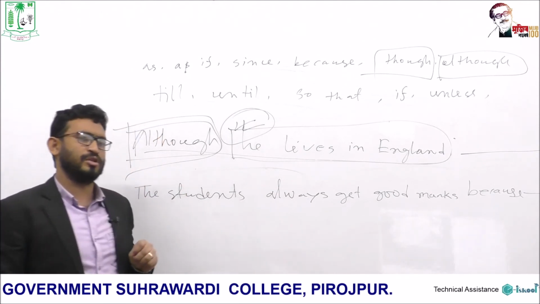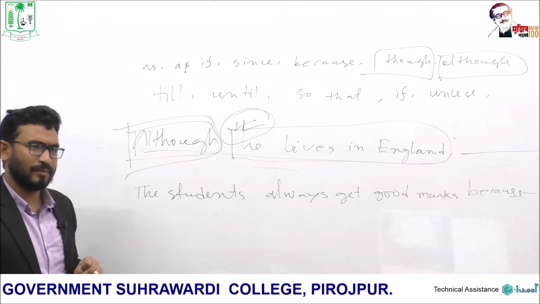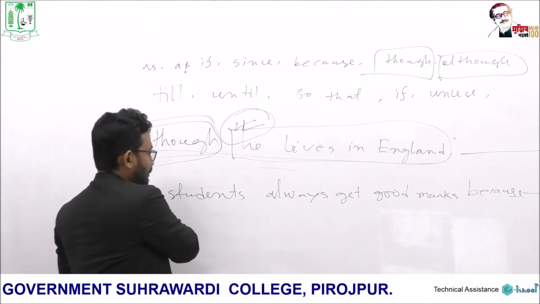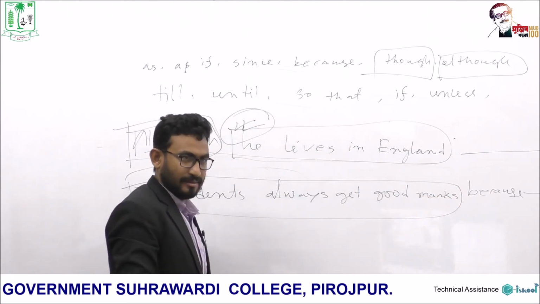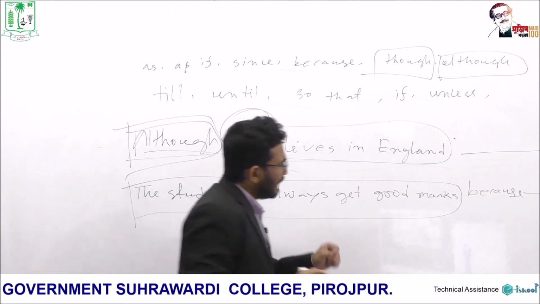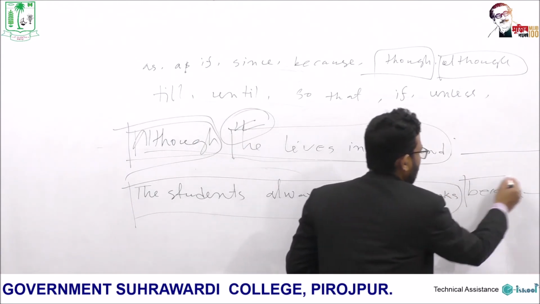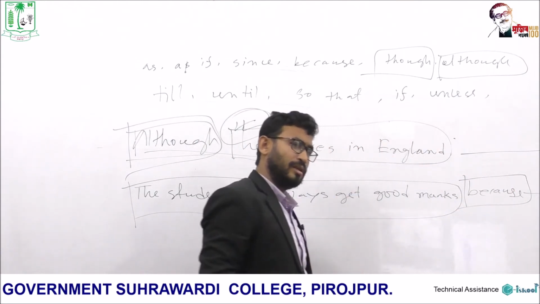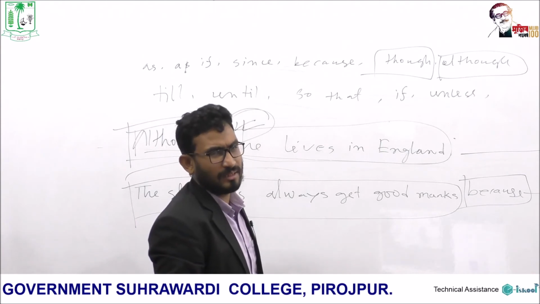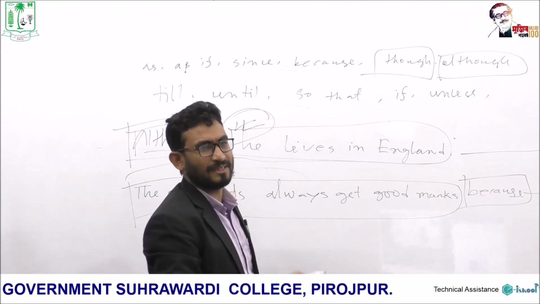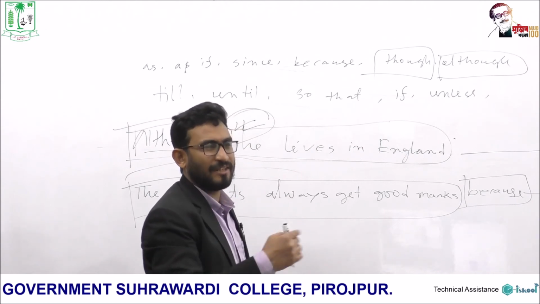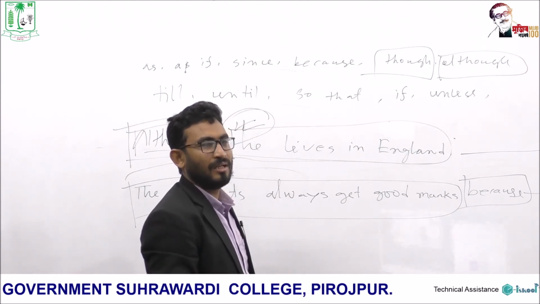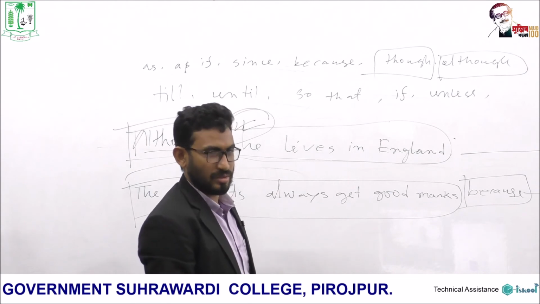What kind of clause do you think it is? This is a principal clause. The students always get good marks. But at the same time, look here, there is because. And we know because is used in complex sentences, and the clause that comes after because is always a dependent clause.